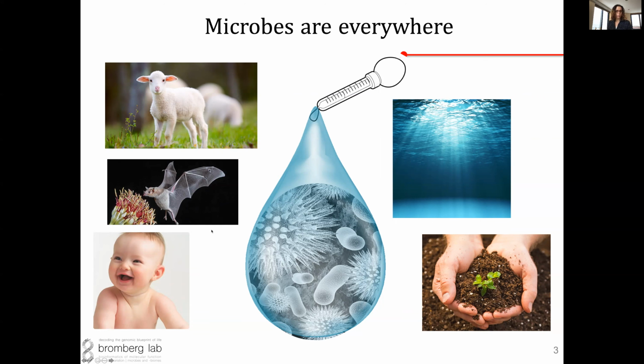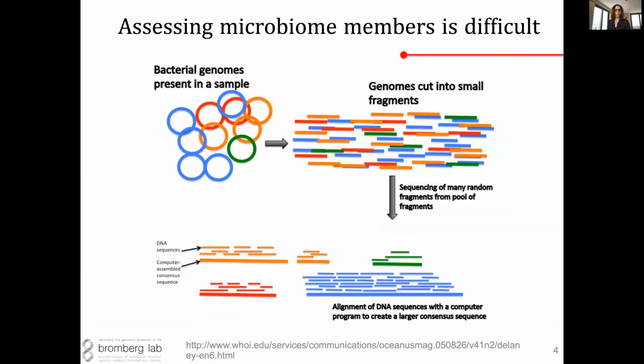So the problem with studying microbes the way that I would like to study them, so via the genetic material, is that collecting the individual genomes of the bacteria that are present in these microbiomes is extremely difficult. So if you think about it, this is what it would entail. You would sample some DNA from a particular environmental niche, and you would presume that it has a bunch of bacteria in it, but their genomes can be extracted.